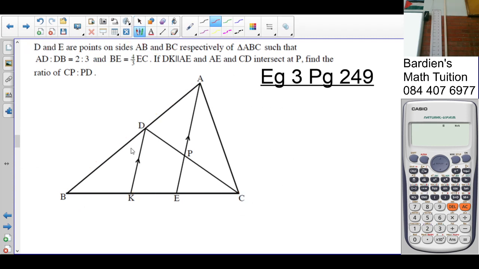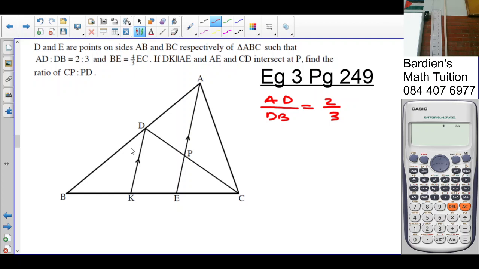Of triangle ABC, which is a big triangle, such that AD is to BD as 2 is to 3. So I said I work with fractions. So AD over DB is equal to 2 over 3. And what do I introduce here? Why? Because that 2 over 3 is a ratio in its simplest form.